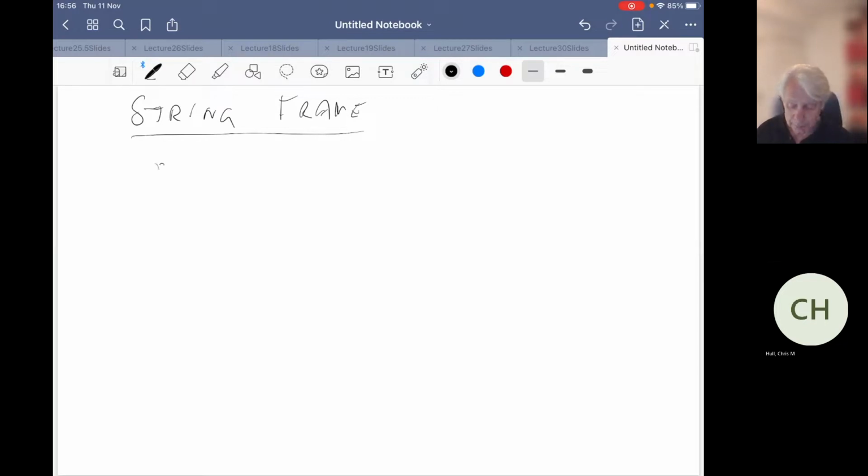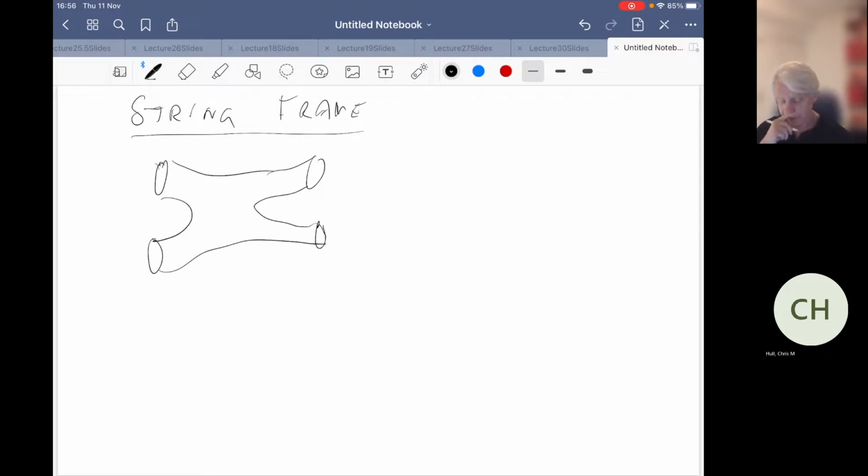So if we're looking at a 4-point interaction, we can think of the interaction between four asymptotic string states as having a worldsheet which joins all of these up together.